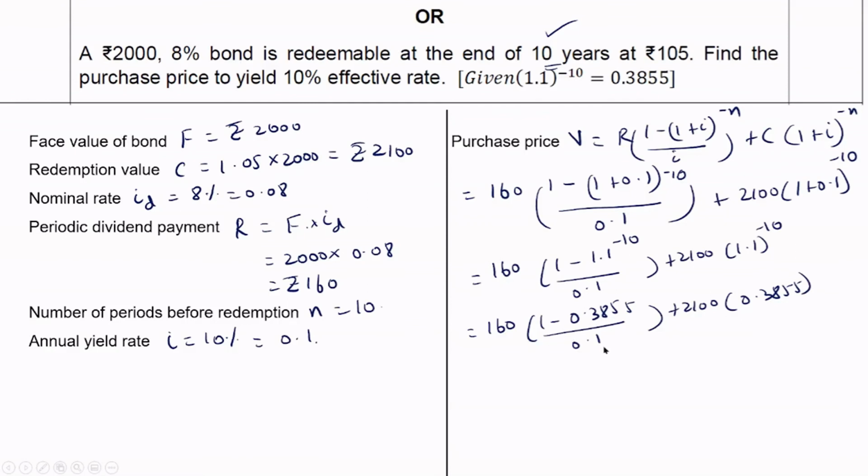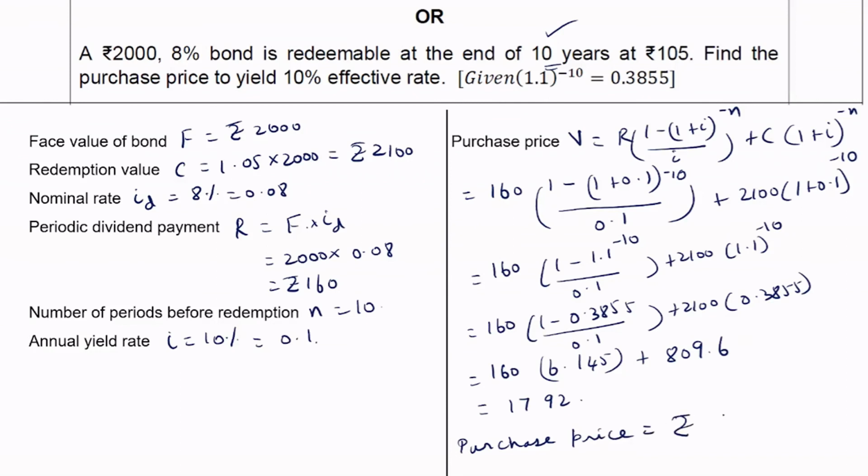So 0.6145 upon 0.1 is 6.145, plus 2100 into 0.3855 is 809.6. When we simplify, we get 1792. So the purchase price V is rupees 1792.